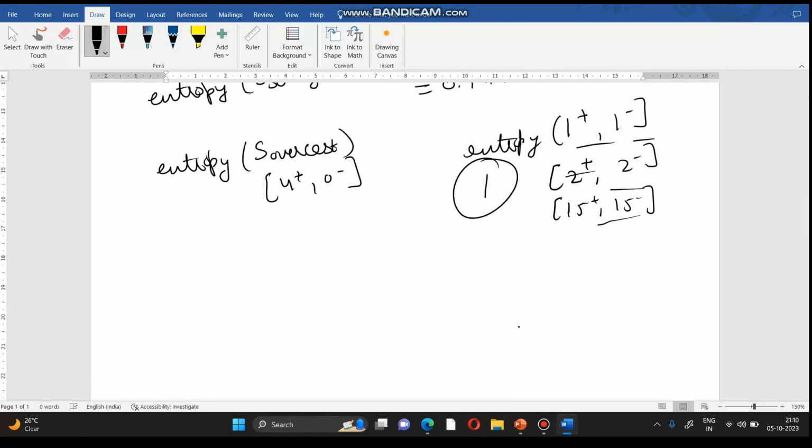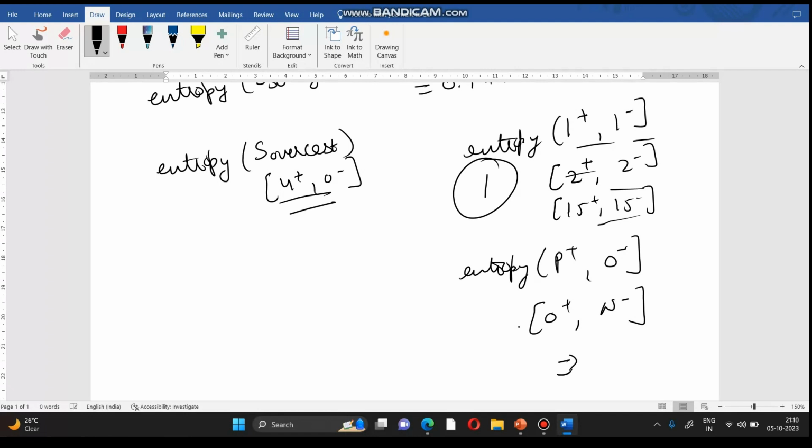Another case to note: if either the positive or the negative count is 0, that is, n positive and 0 negative, or 0 positive and n negative, then we need not calculate the entropy, and the entropy value is 0.